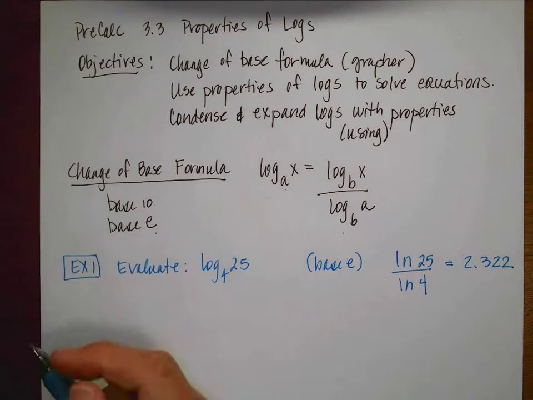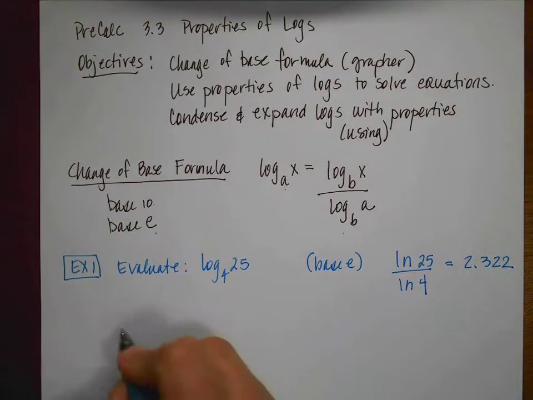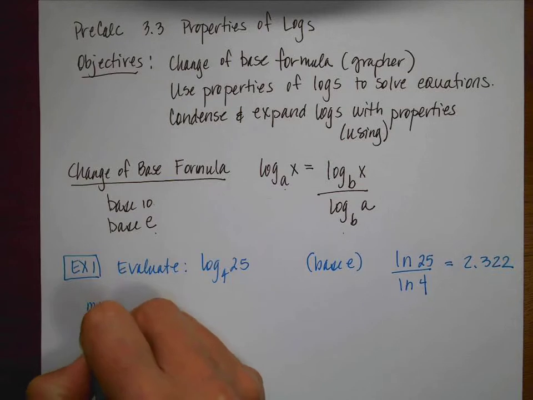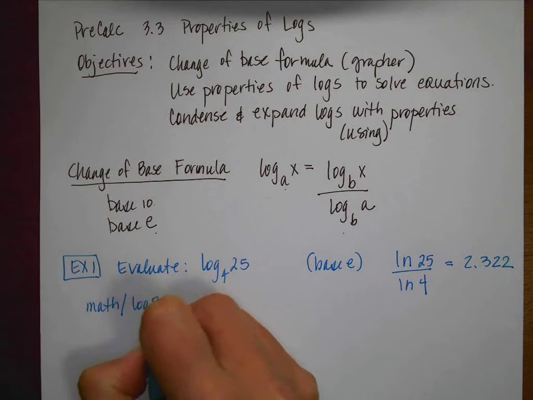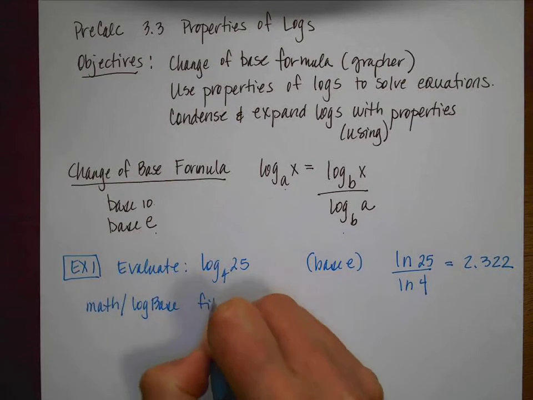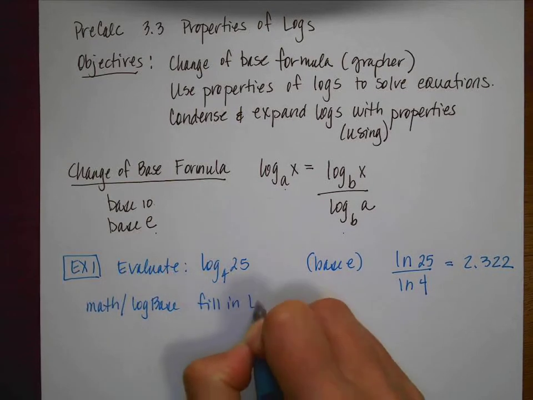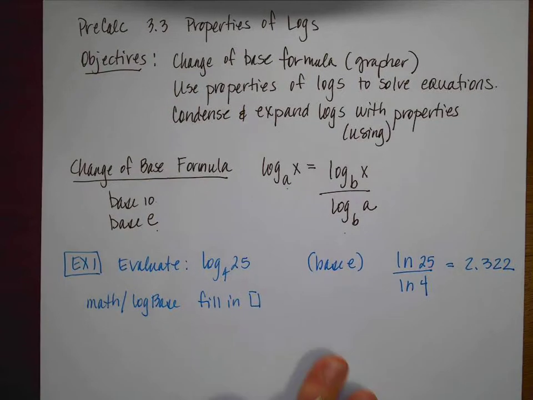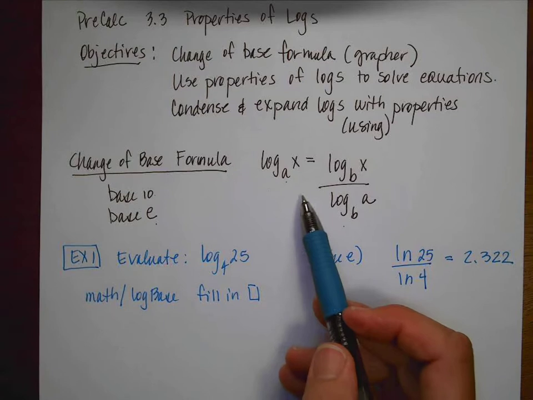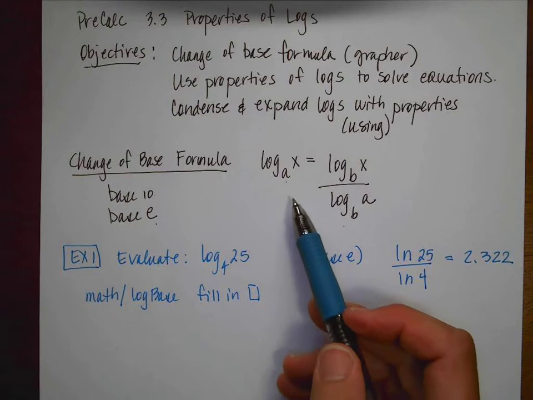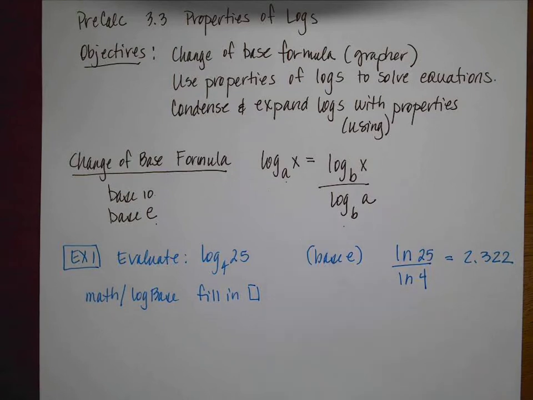With the advent of the newer operating systems, it's really easy. You would do math, go way down, choose log base, and then fill in the little boxes that you get, which is glorious. The change of base formula has a lot of different applications, but we used to have to do that when we used our graphers.